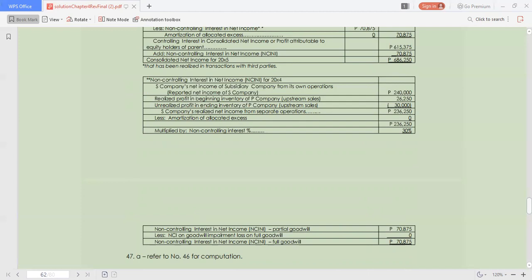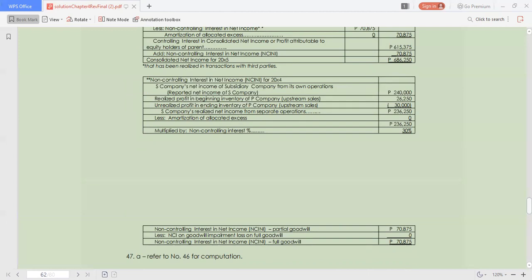So we have now the controlling interest in consolidated net income of 686,000. Actually, we are dealing with different years.